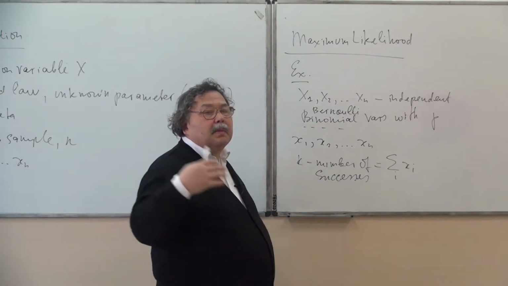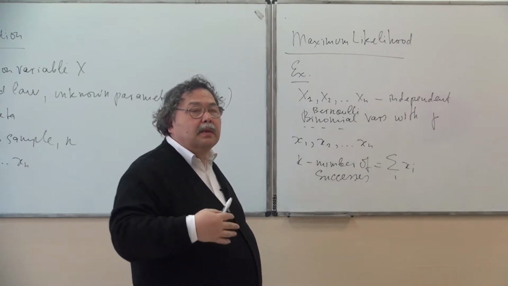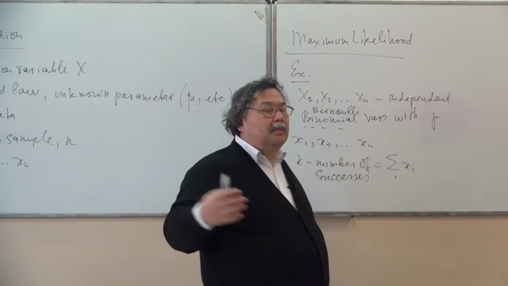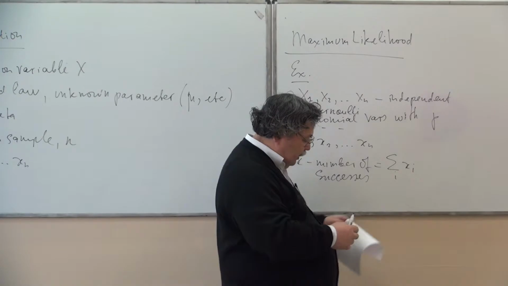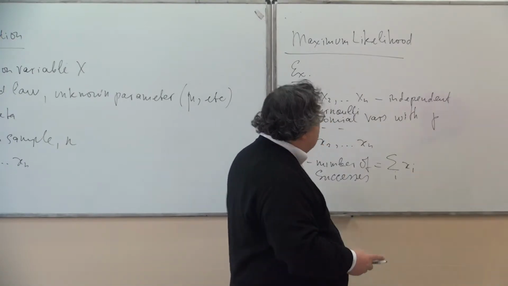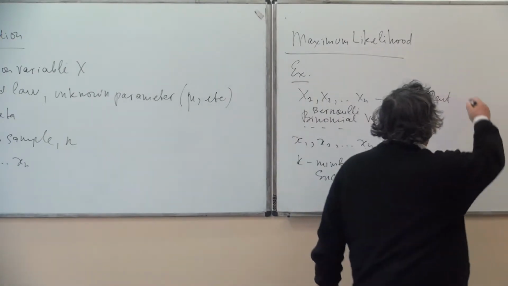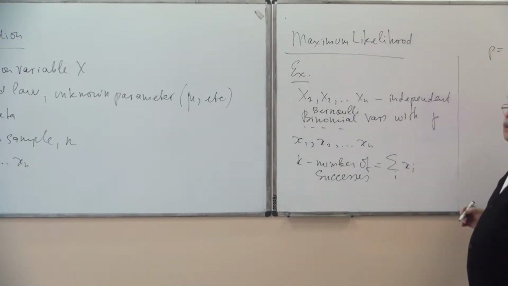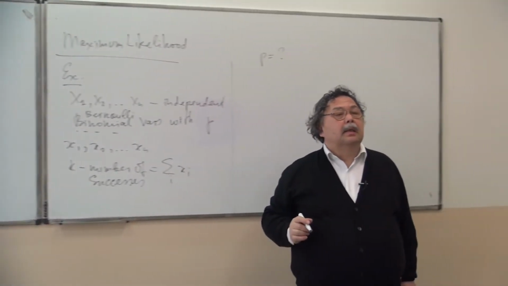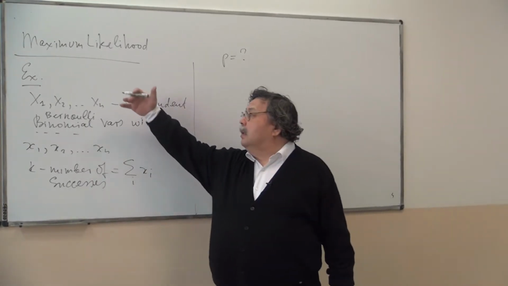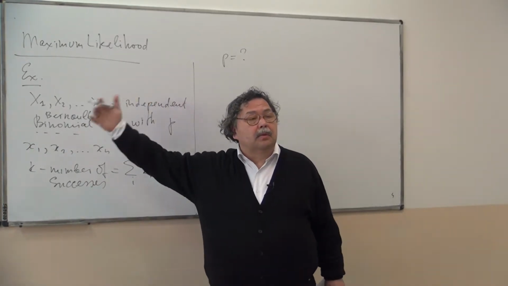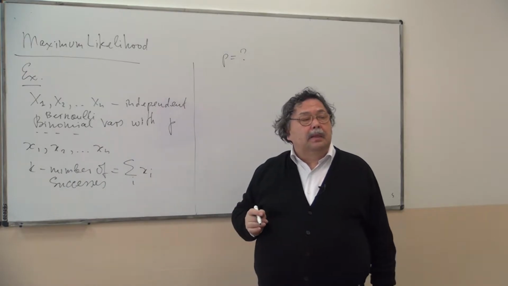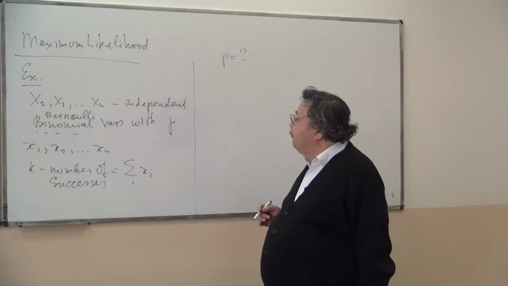If each of them is 1 if it's a success and 0 if it's a failure, then summing up all these numbers, we get the number of successes. And the question that we ask here is this. What is p? Okay? So we assume the law, it's the Bernoulli law, but p remains unknown.